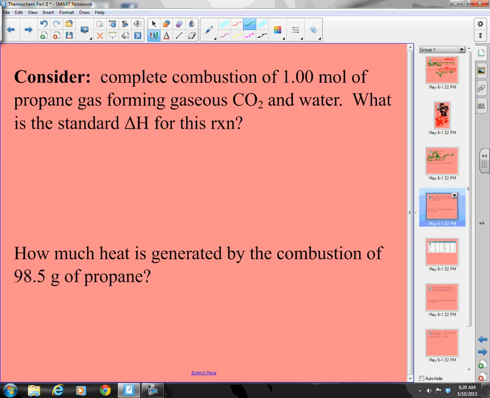Now let's talk about the fun stuff. Consider the complete combustion of 1 mole of propane gas, yeah? And that means if it's combustion, I'm reacting it with O2. And I'm going to form carbon dioxide and water. If it's water, that means it's H2O in what state? Liquid. Good. What is the standard heat of reaction for this reaction? Well, let's first write a reaction. Propane, what does propane? Pro means what? 3 carbons.